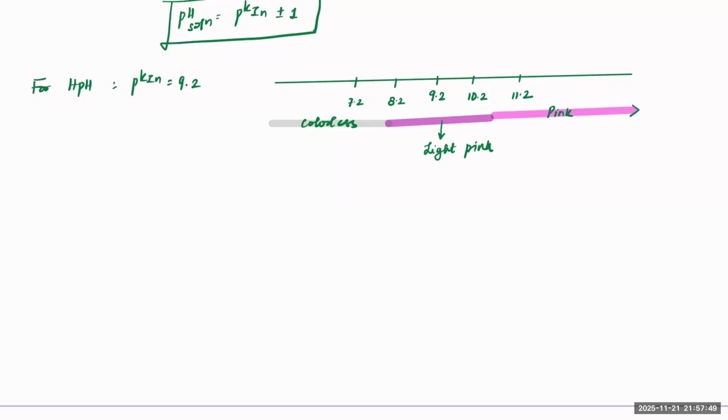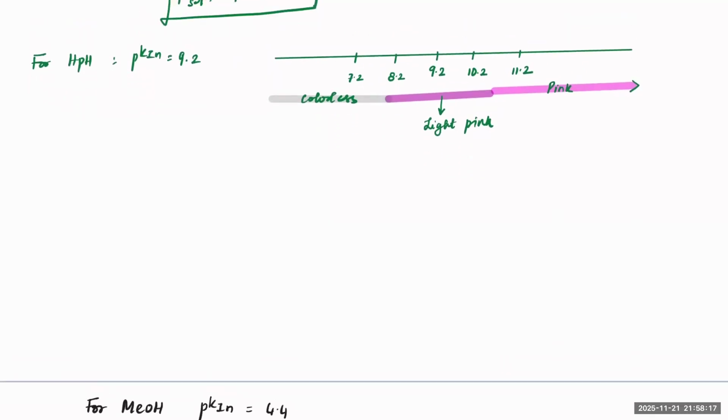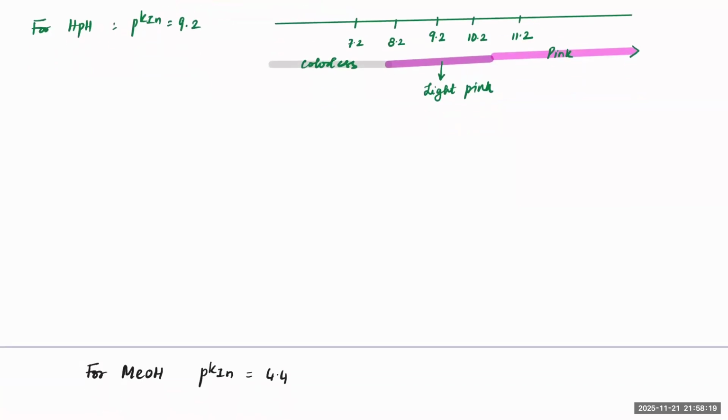So you would notice that complete pink is observed as you have 10.2 and above, and complete colorless is observed at 8.2 and below. And this is the typical range of phenolphthalein. So phenolphthalein will have this color range. Everybody clear?